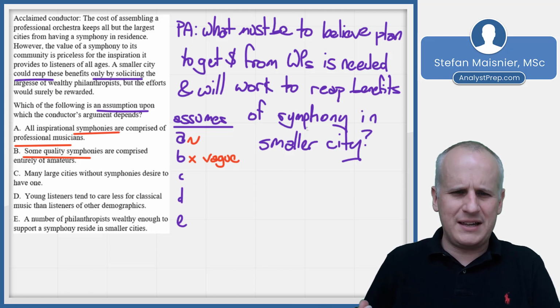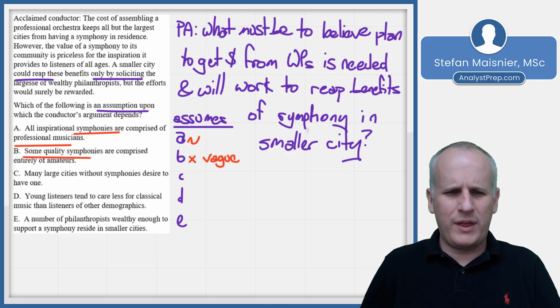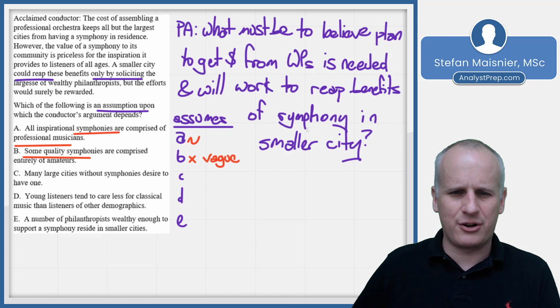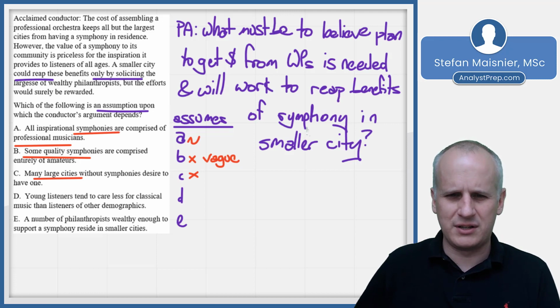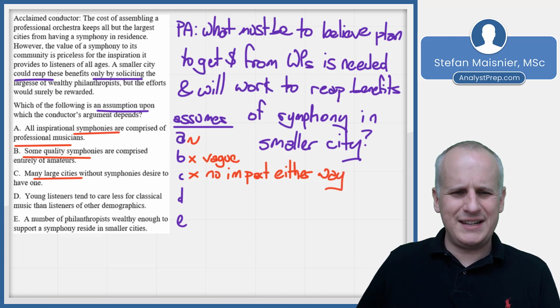Then we've got choice C, many large cities without symphonies desire to have one. Well, this concerns large symphonies. We're not talking about large symphonies. We're talking about large cities. We're talking about the smaller cities. So this has no impact either way. Then choice D, young listeners tend to care less for classical music than listeners of other demographics.